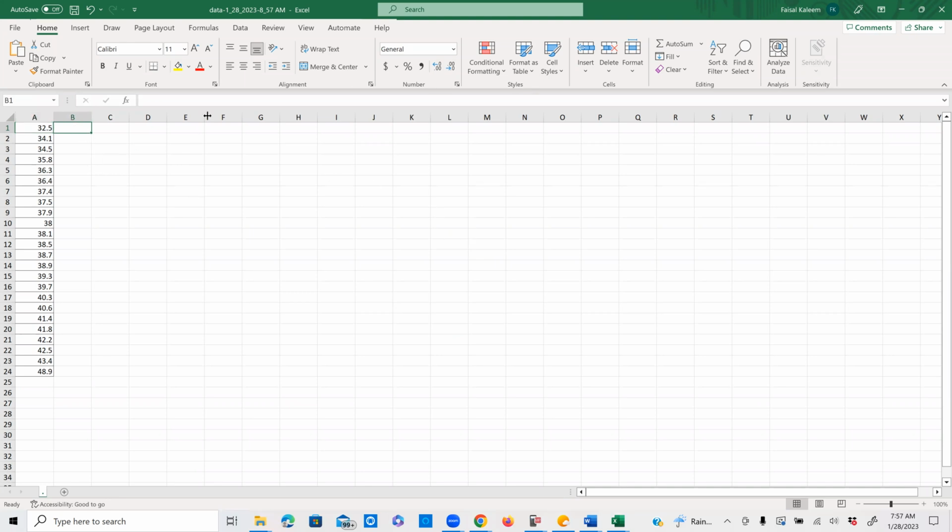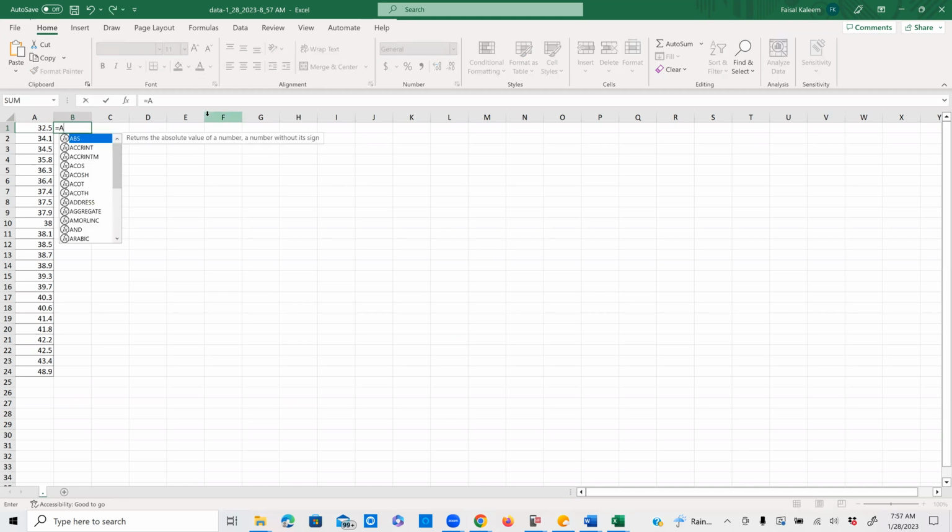So anywhere here you can do equals, and the command for mean is average. We highlight all these numbers, so basically it's the average of these numbers, and then we enter.